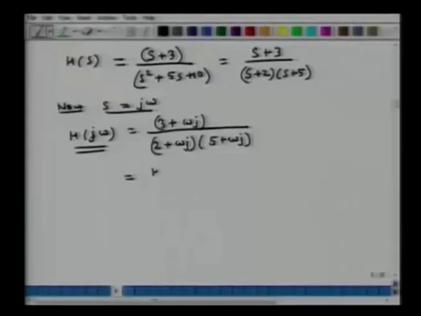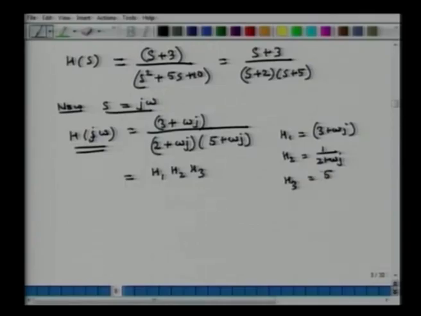So I'll write down H1 times H2 times H3, where H1 is 3 plus omega j, H2 is 1 over 2 plus omega j, and H3 is 1 over 5 plus omega j. And that is H(j omega).